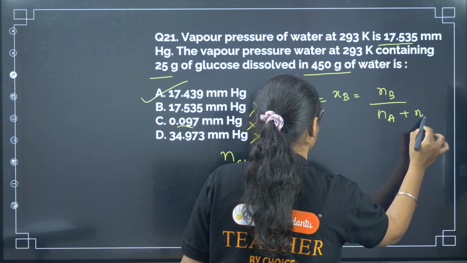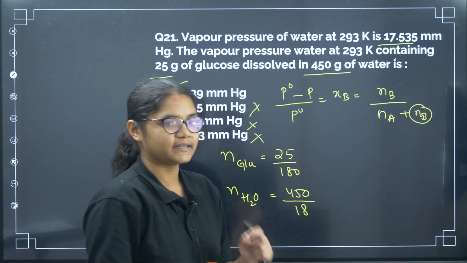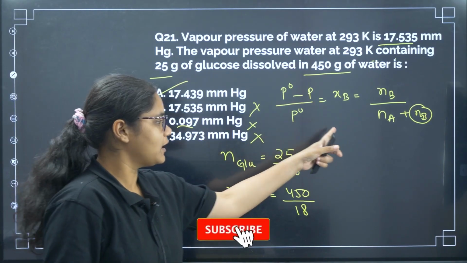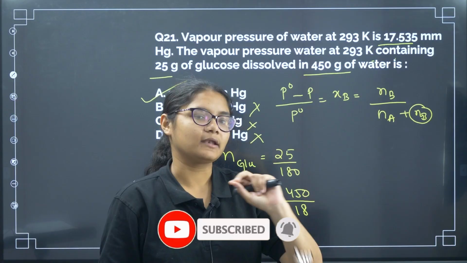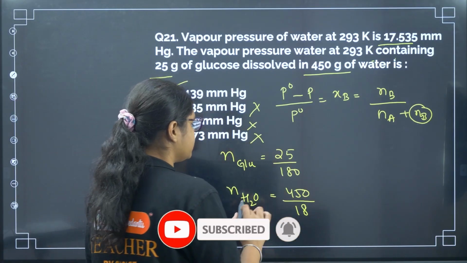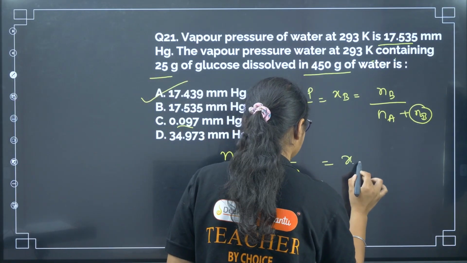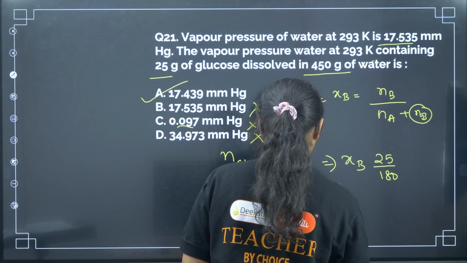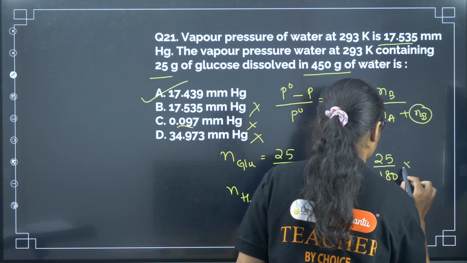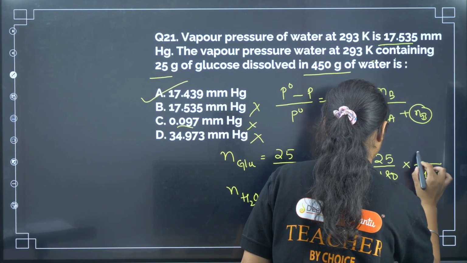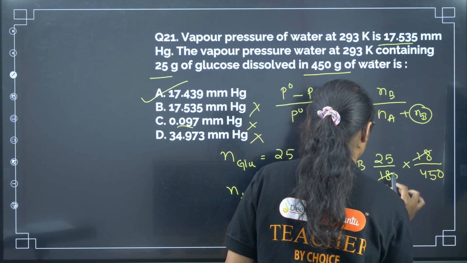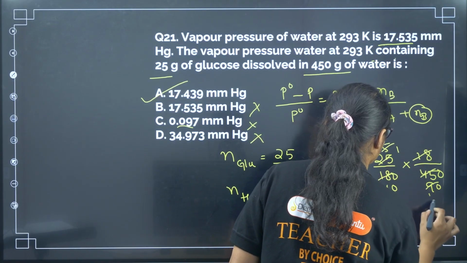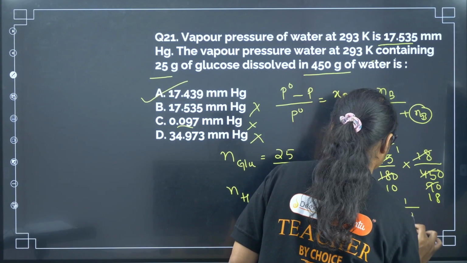Here we neglect NB in the denominator, because NA is very large compared to NB, so it can be neglected. So XB will be equal to 25 by 180 into 18 by 450. Here we can cancel, so we'll get 1 by 180.